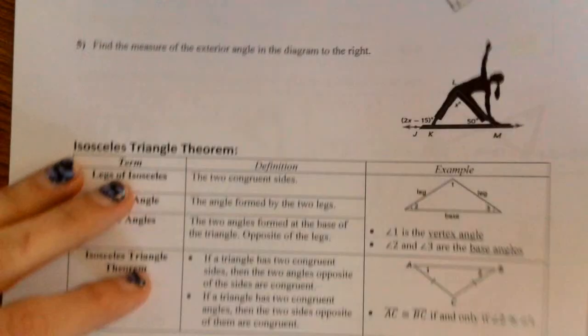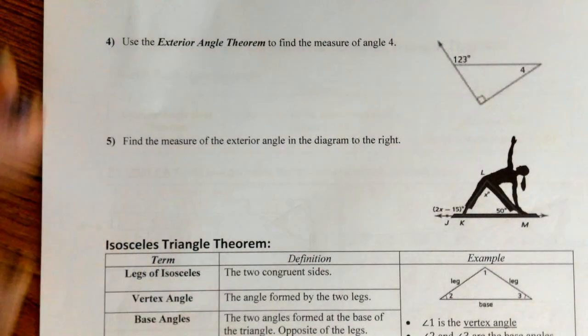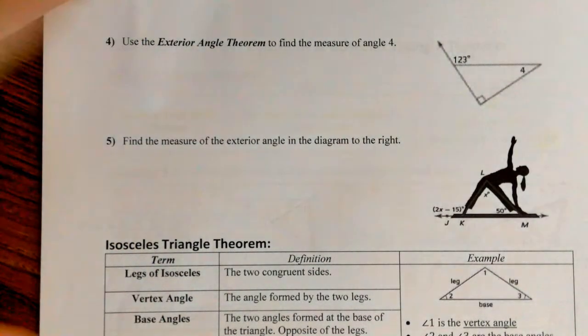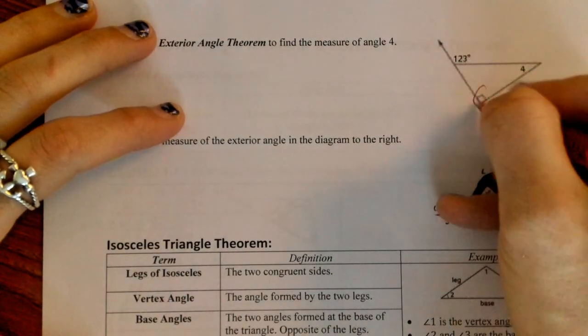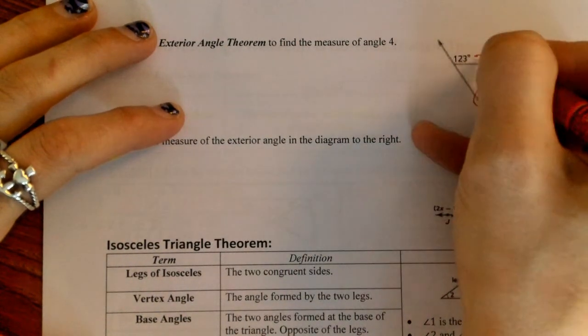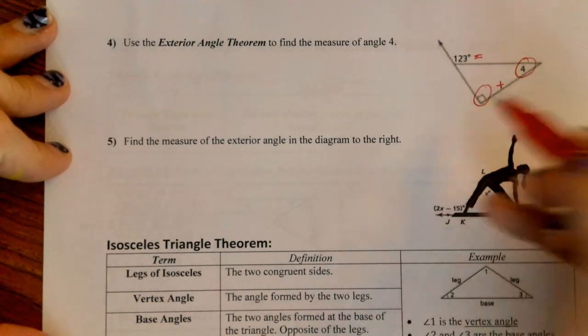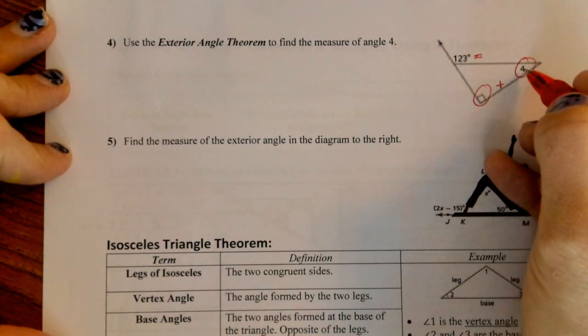So let's take a look at another example here where we're actually missing one of our interior angles. Again, you're looking at inside versus inside. Inside plus inside is going to equal that exterior. Here we see our right angle, so we know that we're going to have measurement of angle 4 up here.